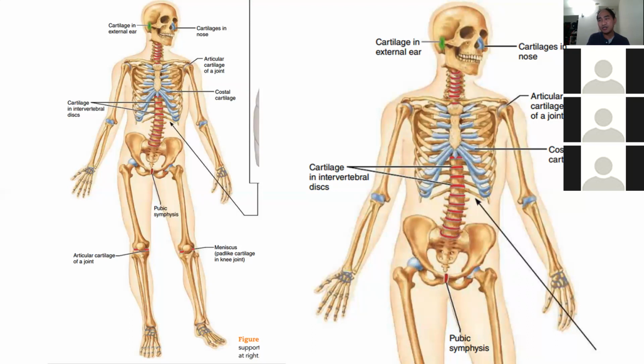Fibrous cartilage, look at that, two pubic symphysis, right and left, being fixed in the middle with the fibrous cartilage. Elastic cartilage here in the ear, look at that. And the cartilage which connects the sternum to the ribs, which we call costal cartilage, they are also hyaline cartilage. Therefore, it is colored with blue, right?